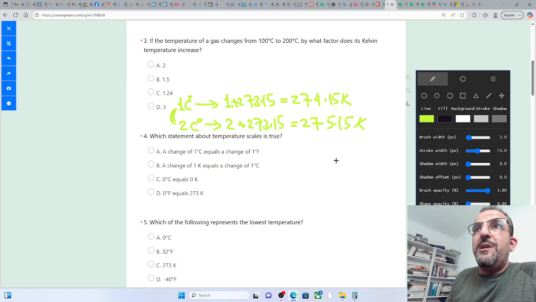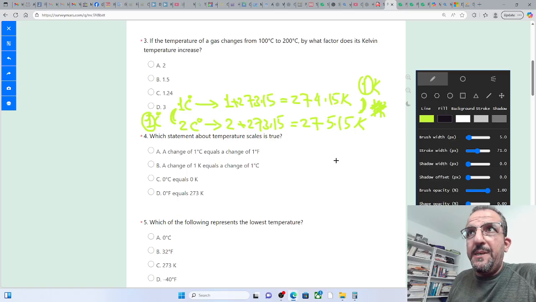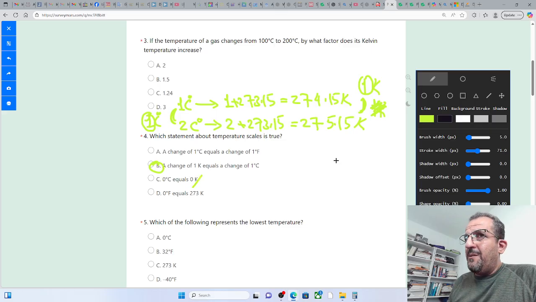You can see the change here is 1 Celsius and the change here is 1 Kelvin. So the change stays the same from Celsius to Kelvin. So B is the right answer. C is wrong and D is wrong, and also A is a wrong answer.